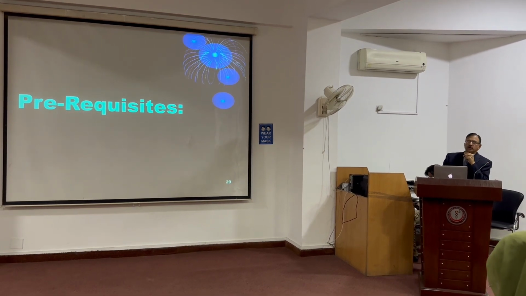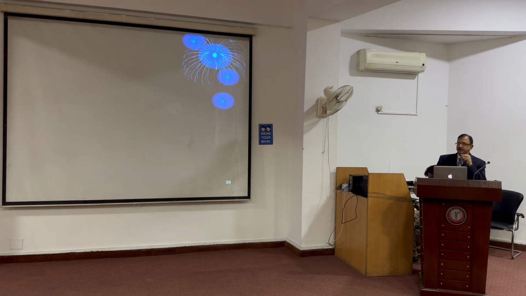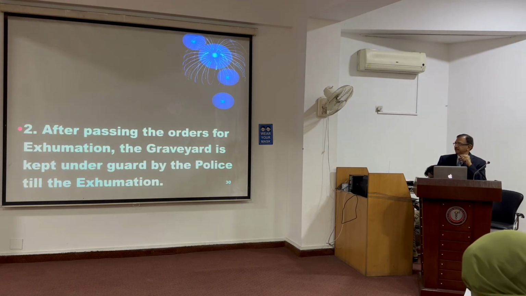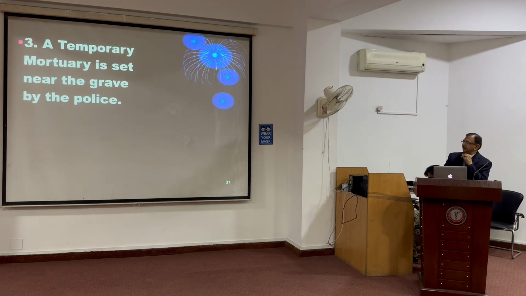Then the prerequisite requirement, the most important, is that this all job is done by the police. They cordon off the area. When they get the orders for the exhumation, the graveyard is cordoned off by the police, and they depute police constables on the grave, so nobody should disturb that area. And a temporary mortuary is set near the grave, because you have to examine the body there on the side of the grave.